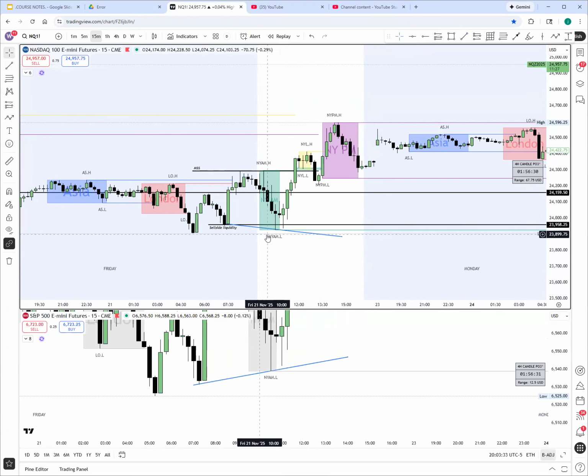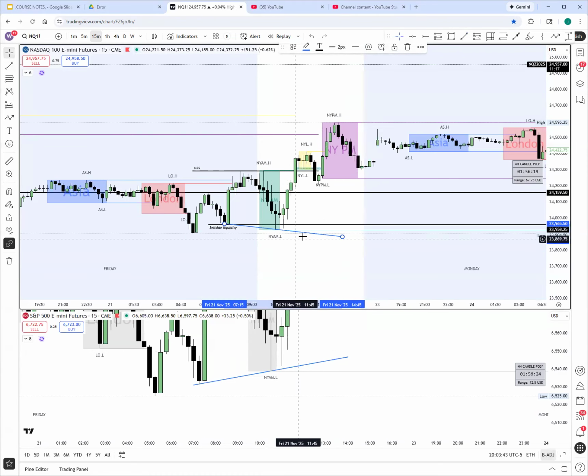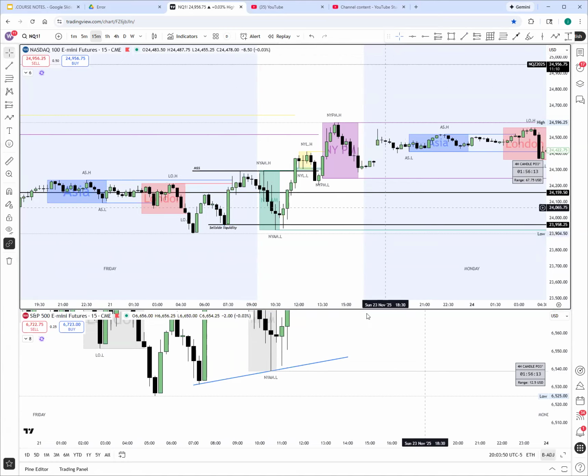So once I saw that SMT, that's one of the first things I'm always looking at. If we have one asset that didn't take out a low and the other one did, we know that's a cracking correlation and that could be a sign for a reversal. That's one of the first things I'm looking at.